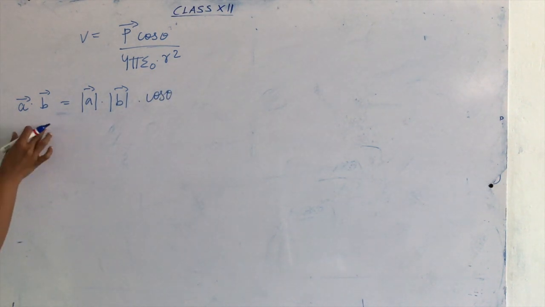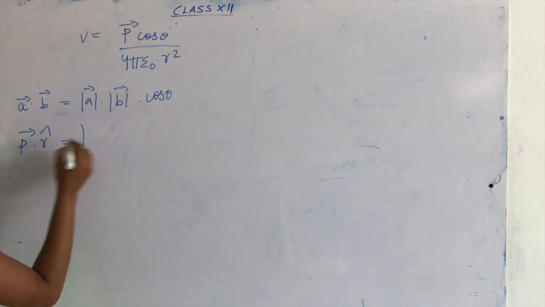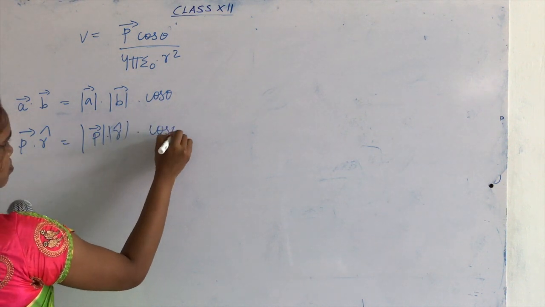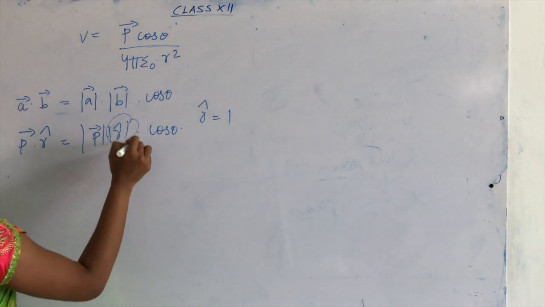Now, P vector dot r cap equal to P vector dot r cap cos theta. R cap is a unit vector, so it becomes 1.